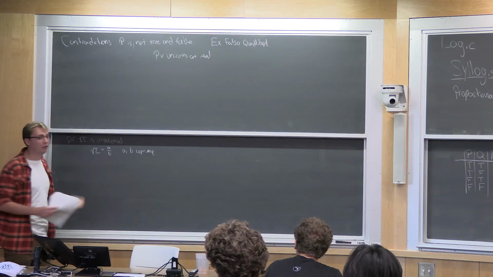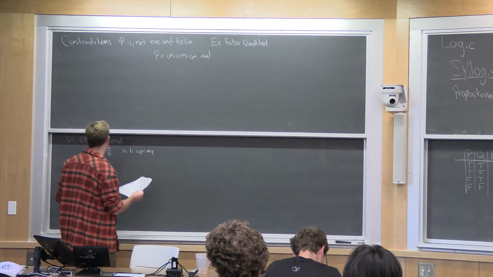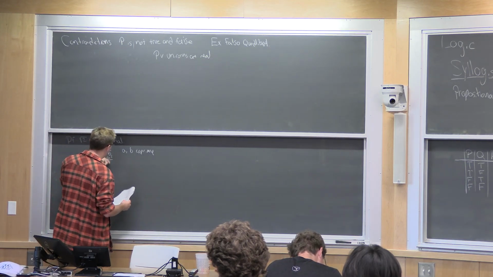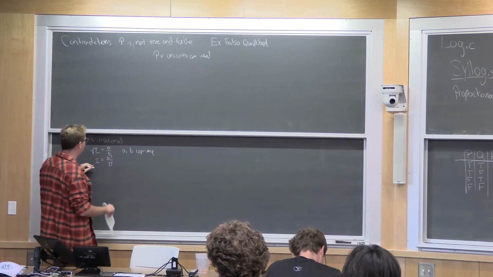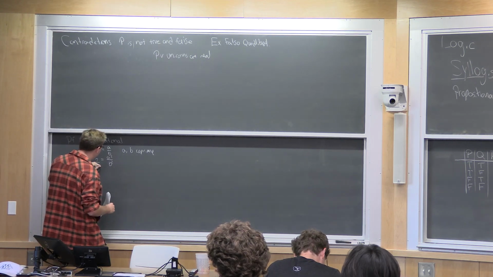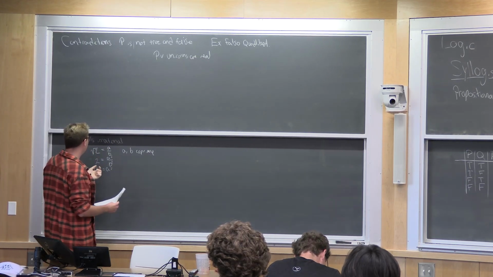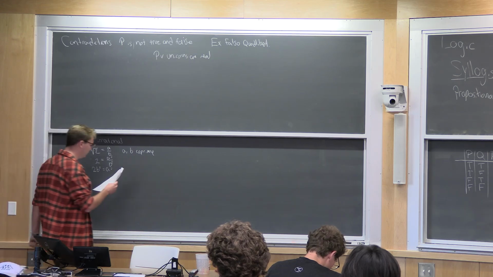Essentially, that this fraction is in simplest form. So we can square both sides of this equation. 2 is a squared over b squared, and multiplying both sides by b squared, 2b squared equals a squared. So this implies that a squared is even.